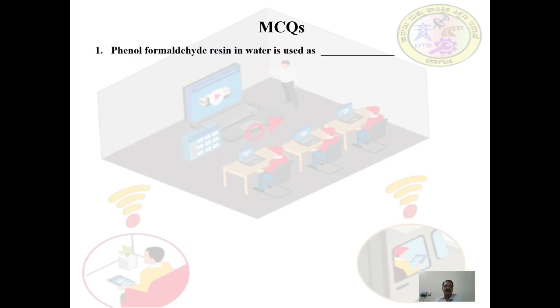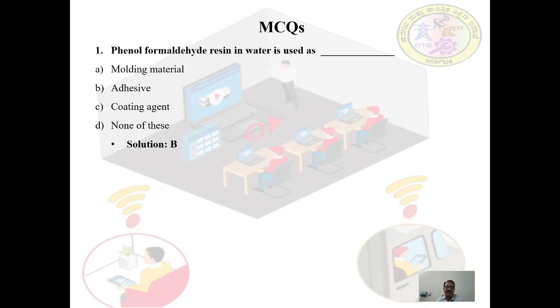Question number 1. Phenol formaldehyde resin in water is used as: option A, molding material; option B, adhesive; option C, coating agent; option D, none of these. The right option is option B, that is as an adhesive.